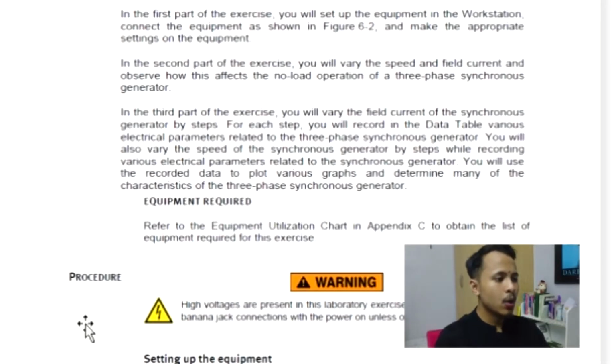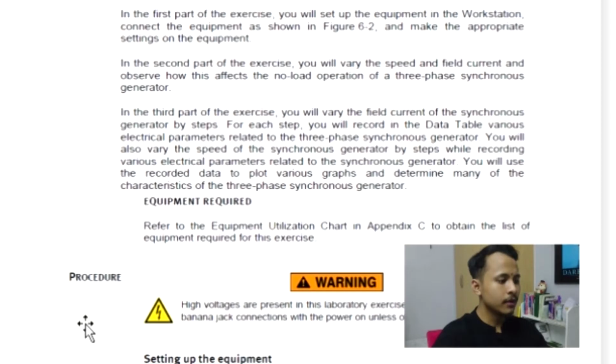So I will continue with the experiment in this lab. Before that, I would like to summarize the procedure. In this lab, we have 3 parts. The first part is we will set up figure 6.2 with the appropriate setting of the equipment.